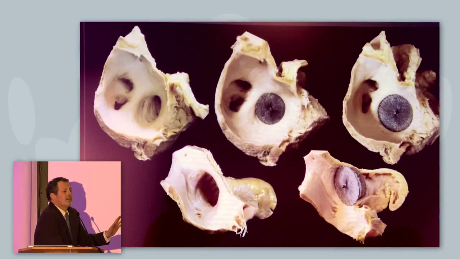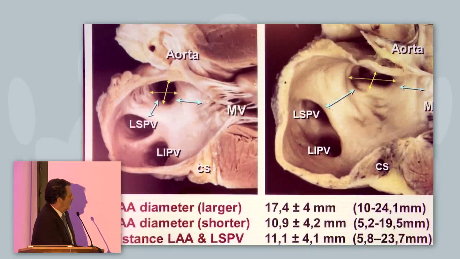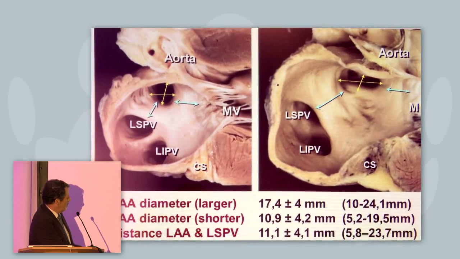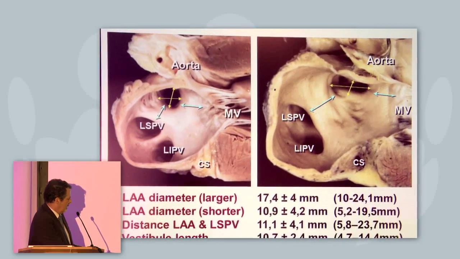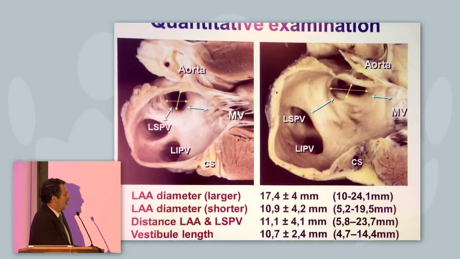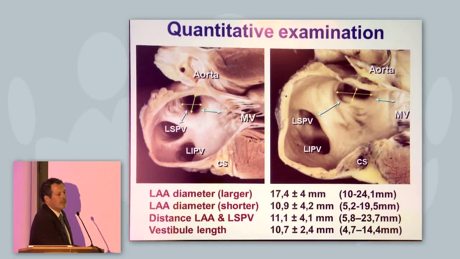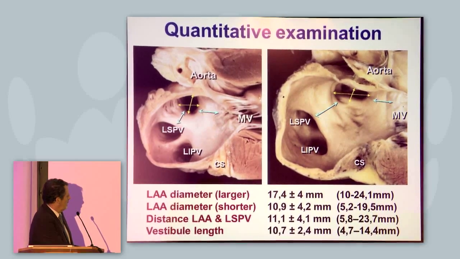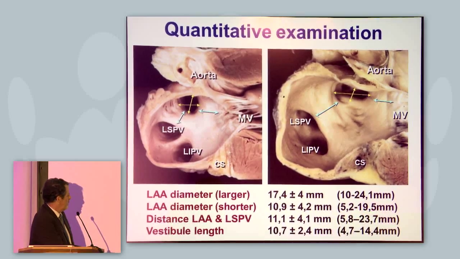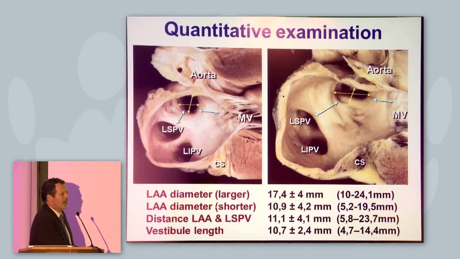It is as simple as this: if we want to choose the size of the occluder. Quantitative examination by our group described the diameter that can be seen here with a range between 10 to 24 millimeters, the larger diameter of the ostium of the left atrial appendage, the orifice, the shorter diameter with a range between 5.2 to 20 millimeters, the distance of the left atrial appendage to the left superior pulmonary vein with this range that can be seen in the table, and the length of the vestibule.